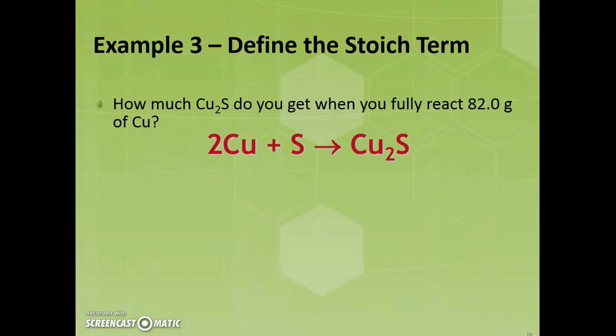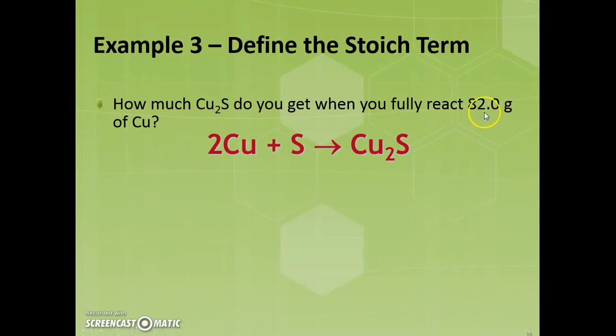Okay, so let's try another example. The question is, how much copper sulfide do we get when we fully react 82 grams of copper? And we can quickly check to make sure our equation's balanced. And then what we want to do from there is figure out what we were given.